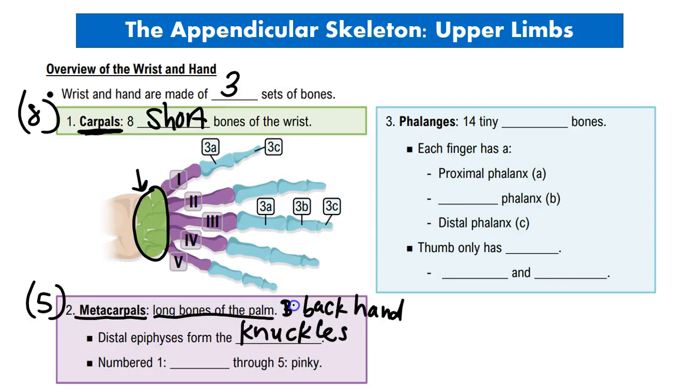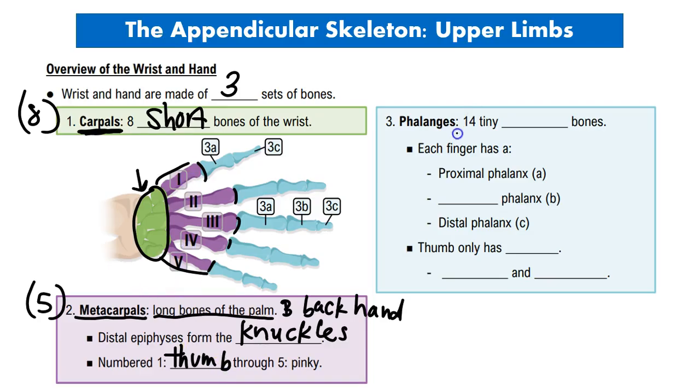That means the proximal epiphyses will be in these areas. And this will be where your knuckles are. All right, and this is again in the palm of your hand. These are numbered 1 through 5 from the thumb to the pinky. So 1, 2, 3, 4, 5 that you see.